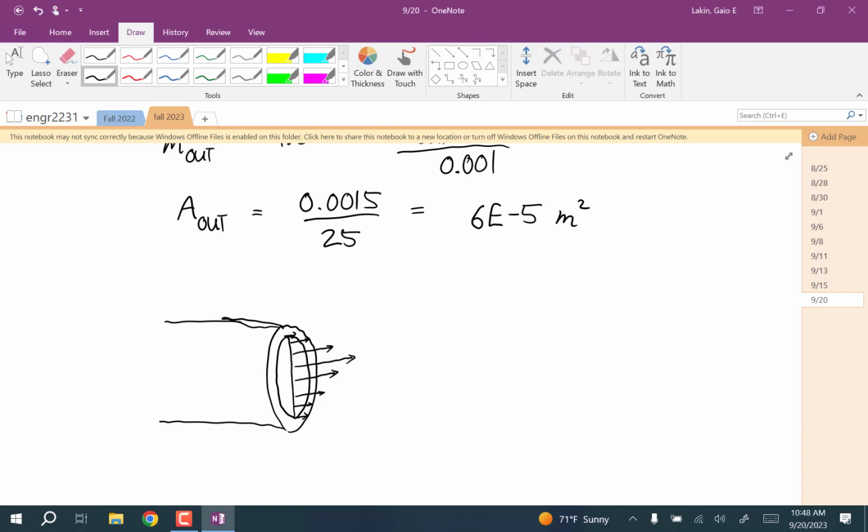So what does it even mean? I mean, right at the wall, you'd have 0 speed. The speeds of the fluid vary along the cross section.